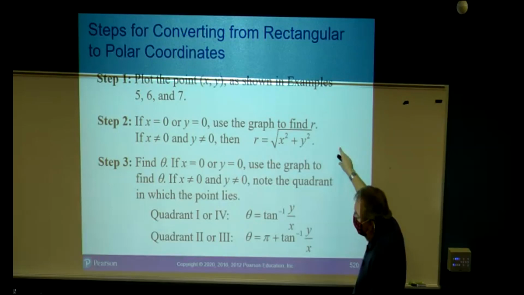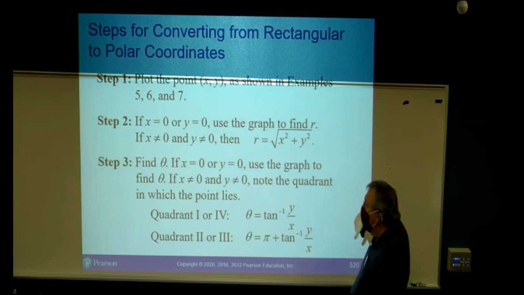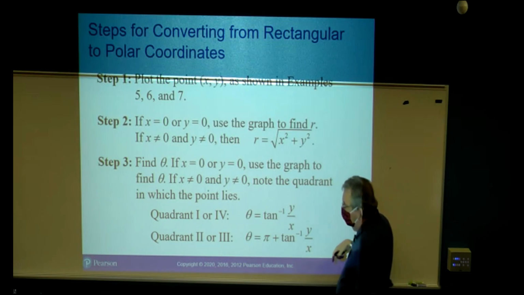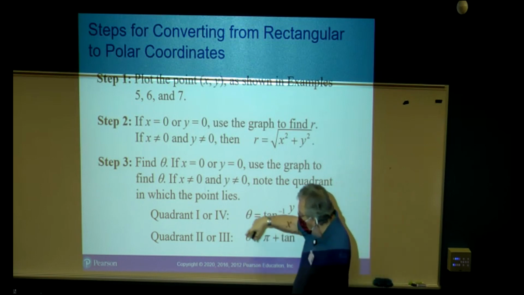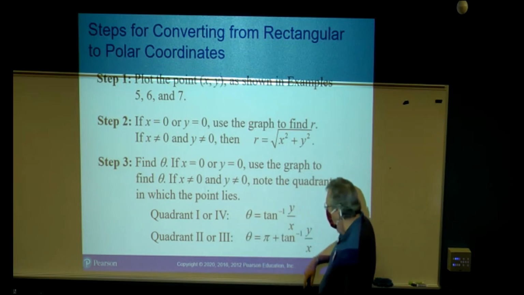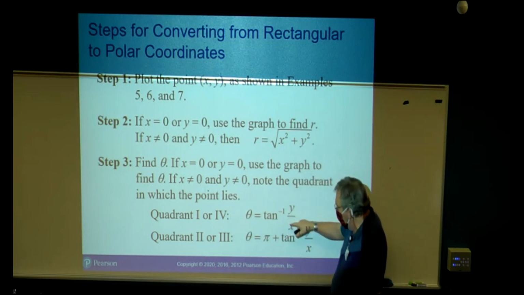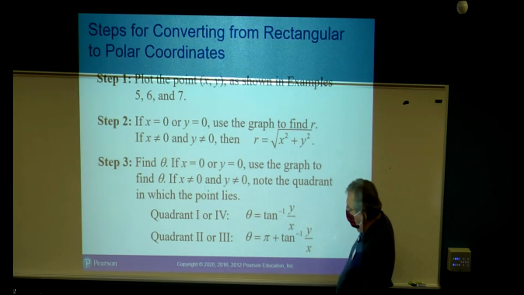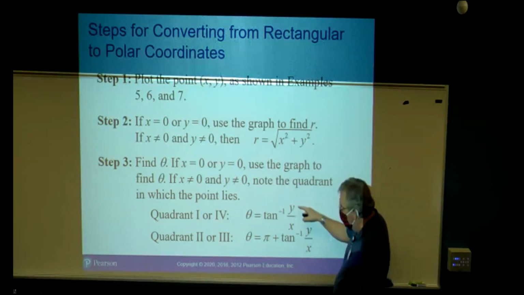And if x or y is 0, then you use the graph to determine theta. But if both x and y are not 0, you notice the quadrant in which the point lies. If the point is in the first or fourth quadrant, then the angle is the inverse tangent of x over y. So whatever you get for the inverse tangent of x over y, that's the angle.